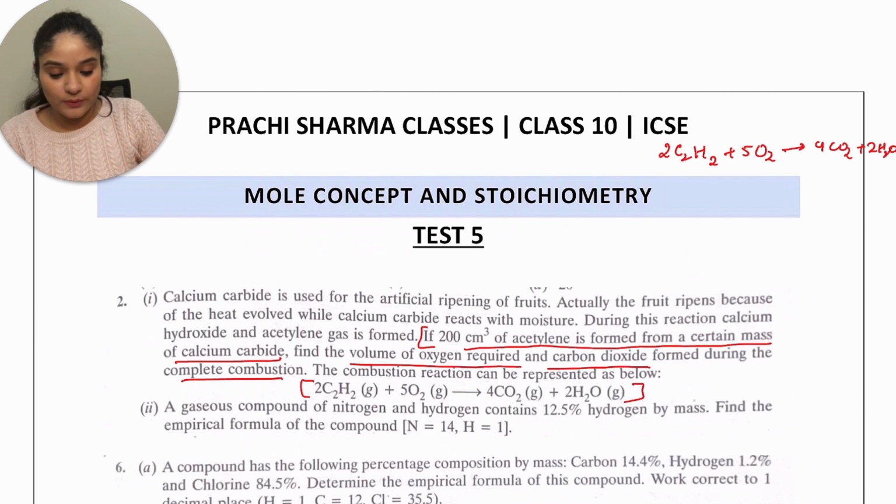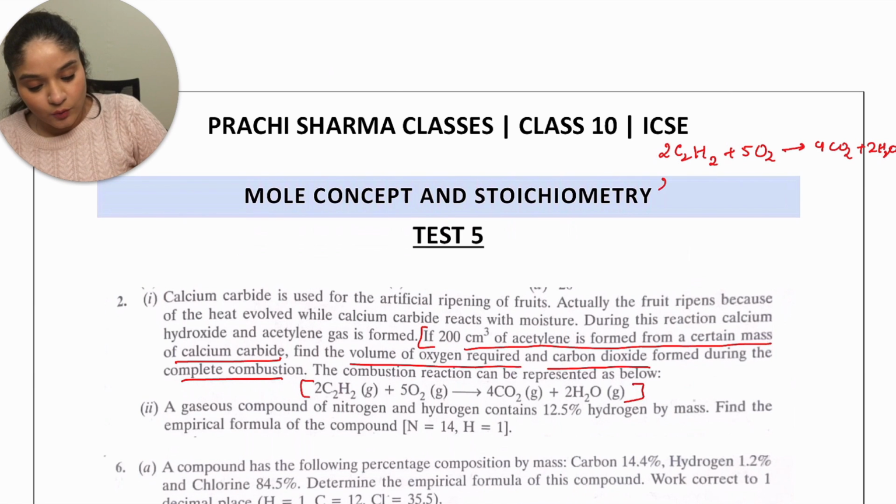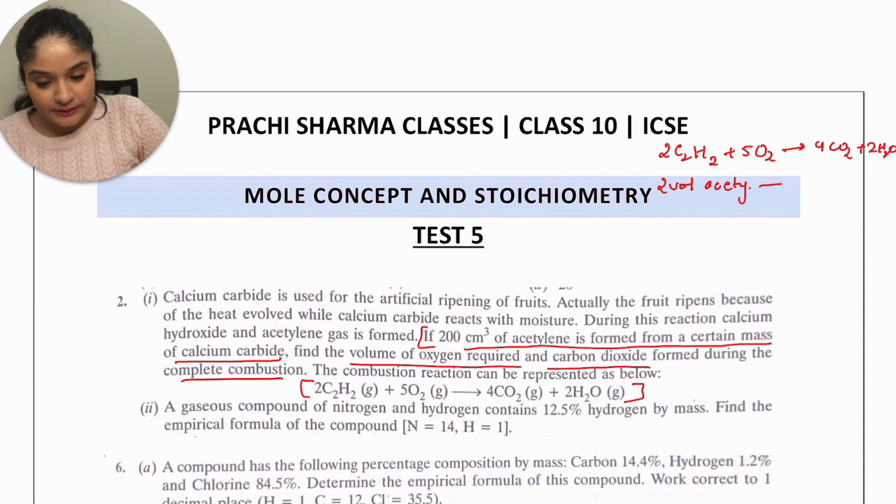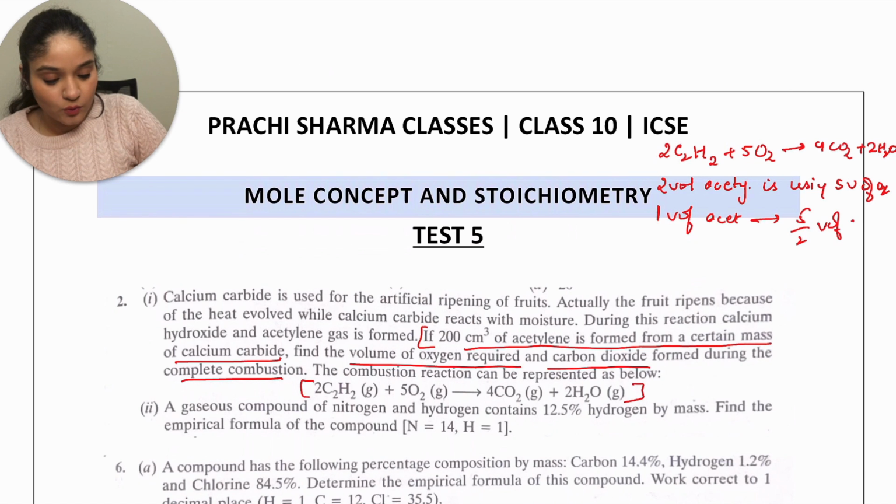Now we'll start with the basic understanding that if 2 volumes of acetylene use 5 volumes of oxygen, then 1 volume of acetylene will use 5 by 2 volumes of oxygen. And how much do we have here?